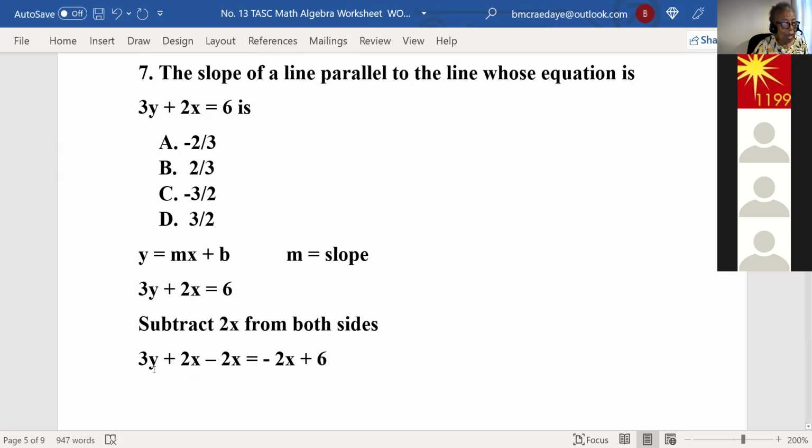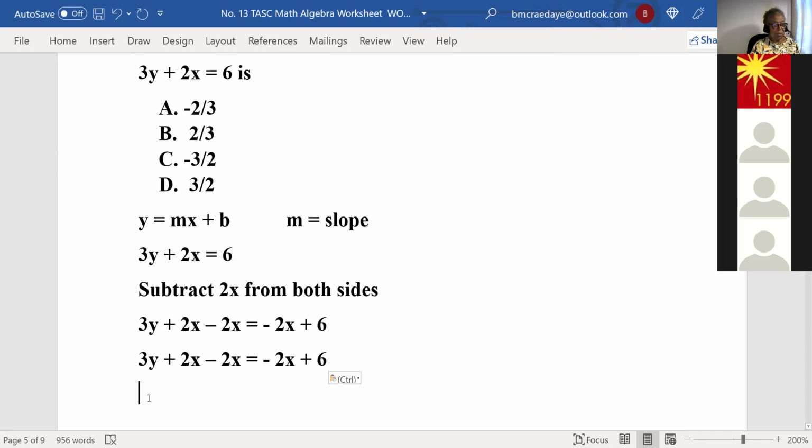Okay, so what do I have on the left side, Maureen? After I do that subtraction, what's left? 3y plus 2x minus 2x. What's plus 2x and minus 2x, Maureen?